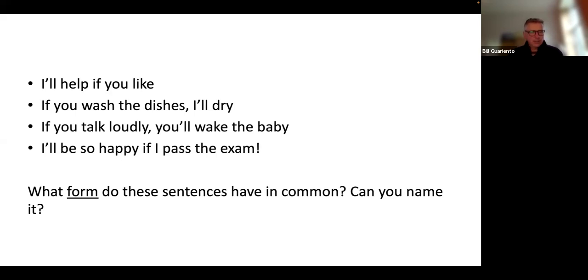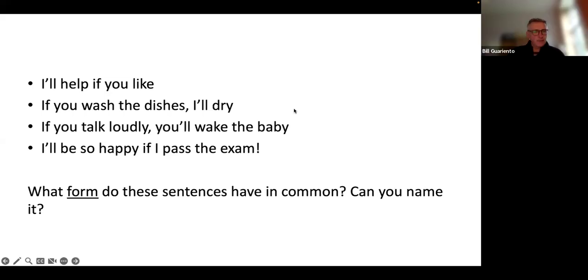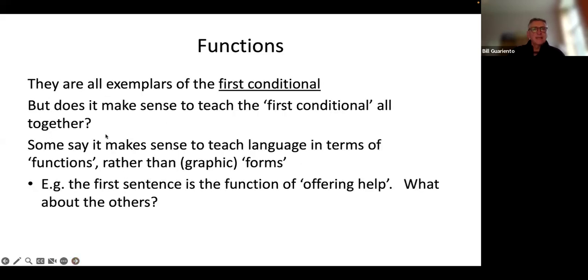Here's a question. It's a grammar question. What form do these sentences have in common? Can you give a name to the form of these sentences? Anyone? If condition. First conditional. Yes, it's the first conditional. Good. Okay. So these are all exemplars of the first conditional.